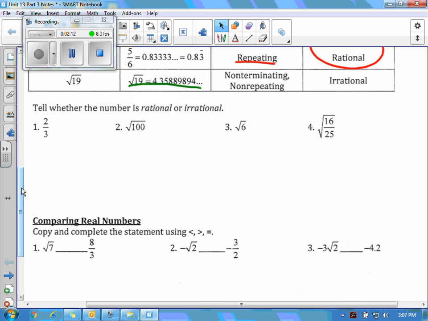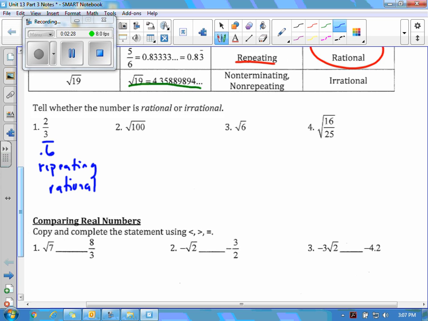It says tell whether the number is rational or irrational. For 2/3, if you divide 2 by 3, you get 0.6 repeating. That's a repeating decimal, which we know is a rational number. For number 2, the square root of 100 is just 10. So that's going to be rational. It's just a whole number, an integer.